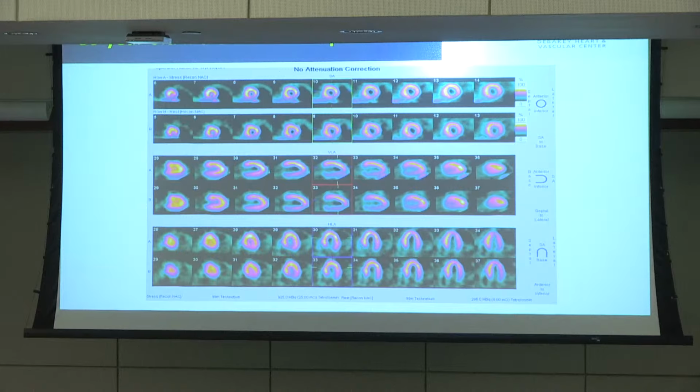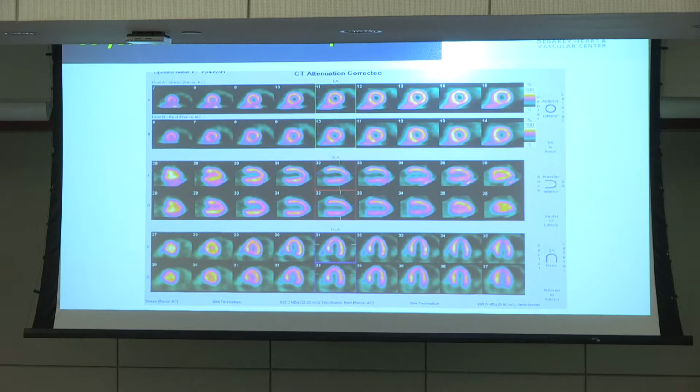One easy way to look at it is to do either prone imaging or attenuation correction. So here's an attenuation correction image of the same patient. What do we see here? Is it still there?